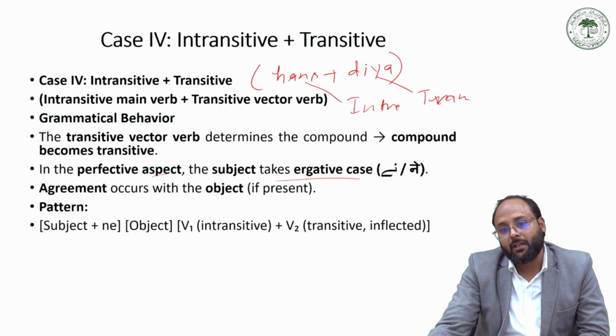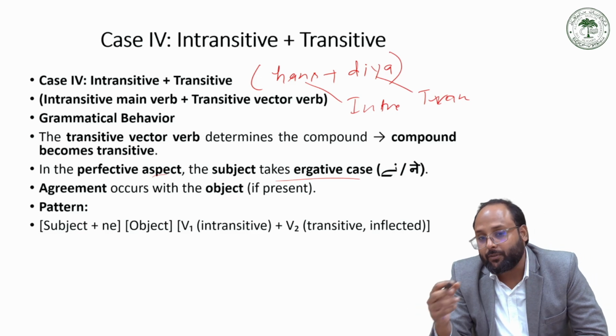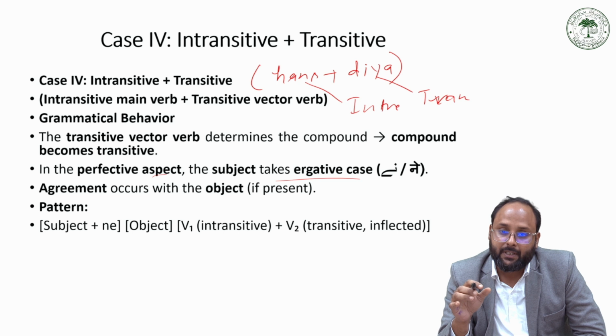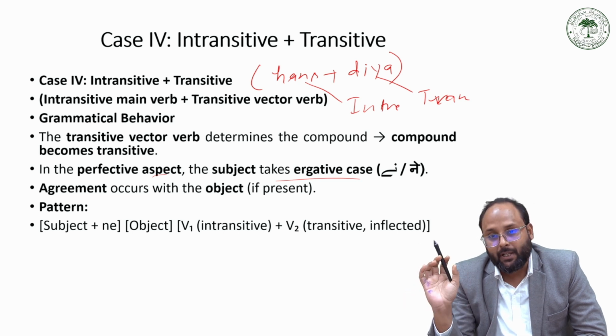Like उसने हंस दिया, उसने थूक दिया, उसने छींक दिया, उसने खांस दिया. This kind of sentence we have. The V1 is intransitive and V2 is transitive diya.